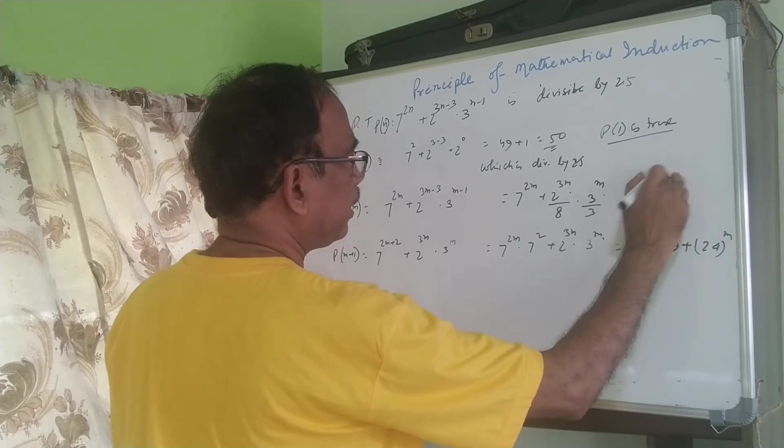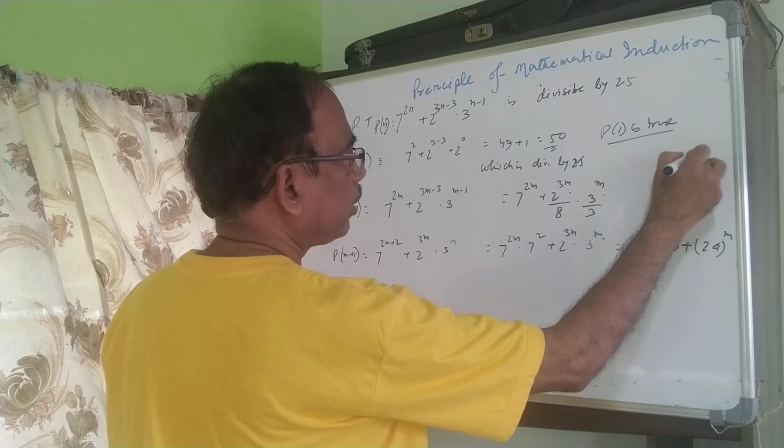This is 7^(n+1) plus 2^(3n) times 3^n, 2 to the power 3 means 8 to the power n, 3 to the power n, that is 24 to the power n.